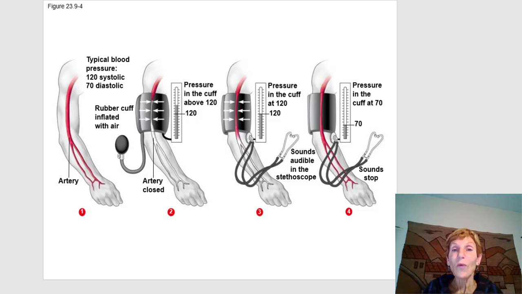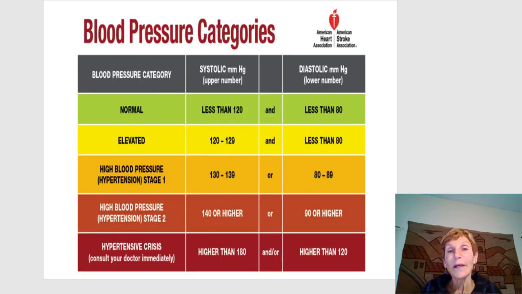The reason is that when your body is exposed to that high pressure, your heart is working harder. Not only is your heart working harder and creating more pressure against the walls, but that pressure is starting to damage the arterial walls.